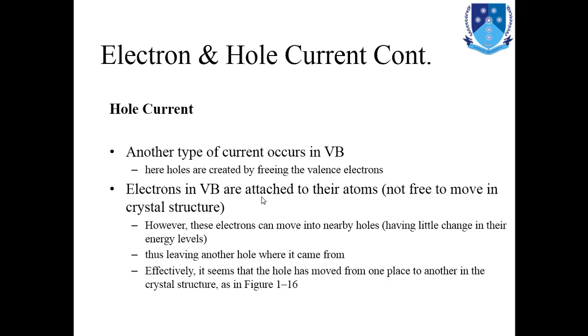We have already discussed in the previous slide that when valence electrons move to the conduction band and become free electrons, they leave a hole behind. So holes are created by free electrons. Electrons in the valence band are attached to their atoms, meaning they are not free to move in the crystalline structure.